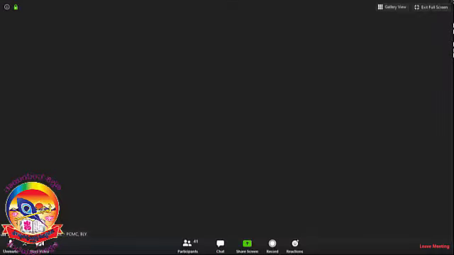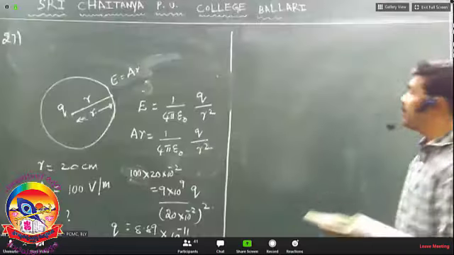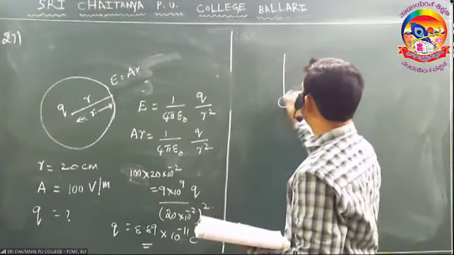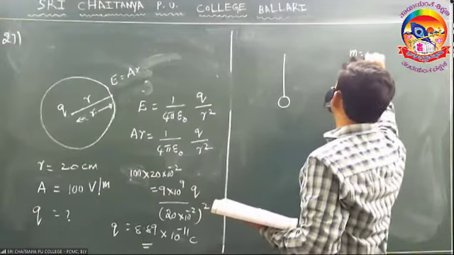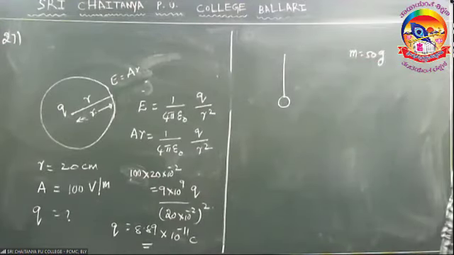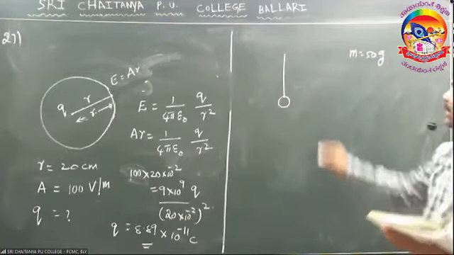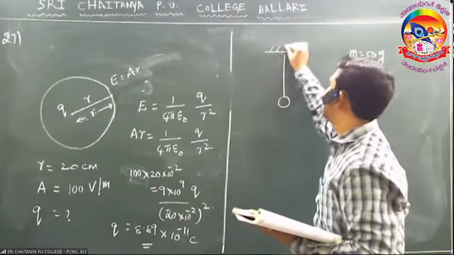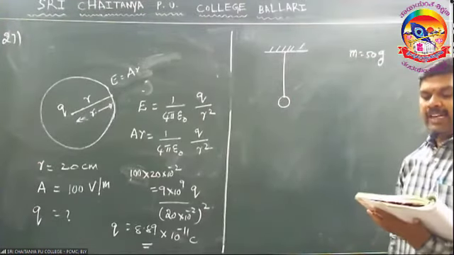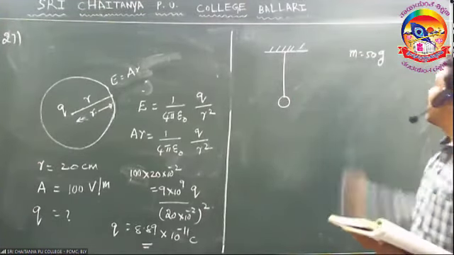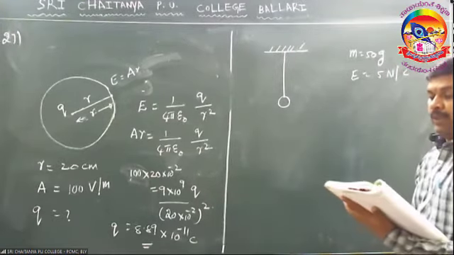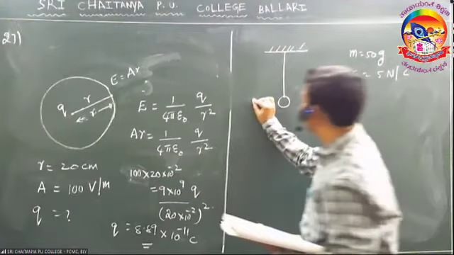See here, a sphere of mass 50 gram is suspended by a string in an electric field of intensity 5 Newton per Coulomb, acting vertically upward.